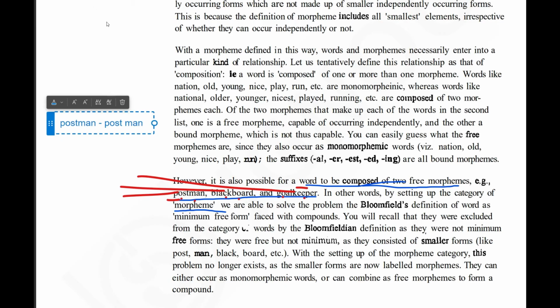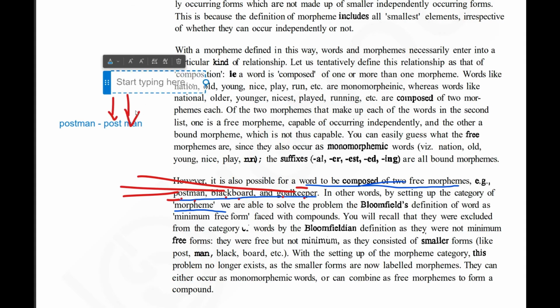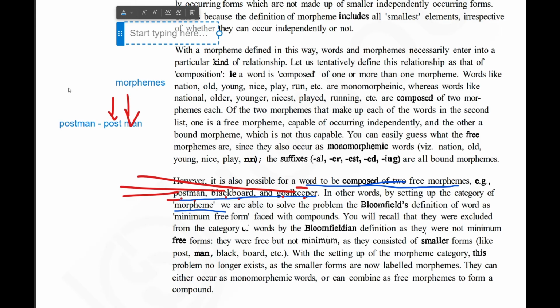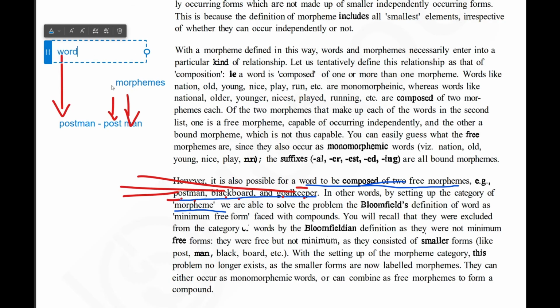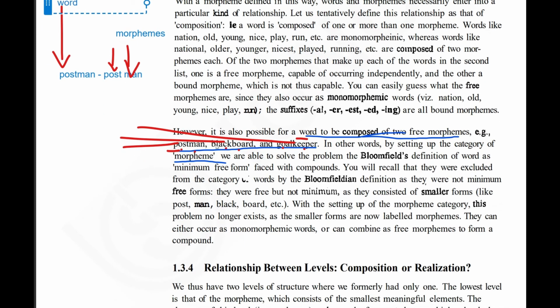This and this, these two, are morphemes. But this word right here, postman, it's not a morpheme, it's a word. So you can have a word which is created by a combination of two or more morphemes. That is possible. Just one morpheme is also possible.